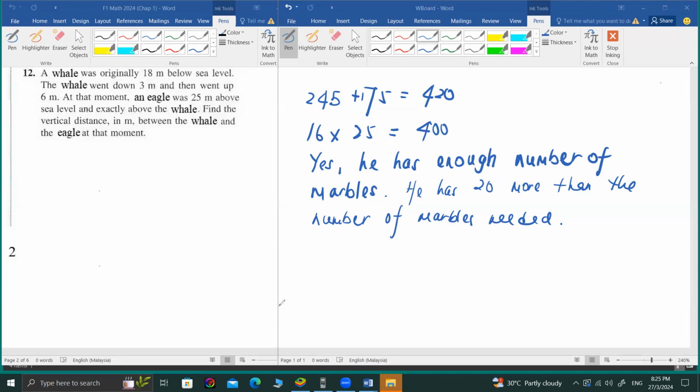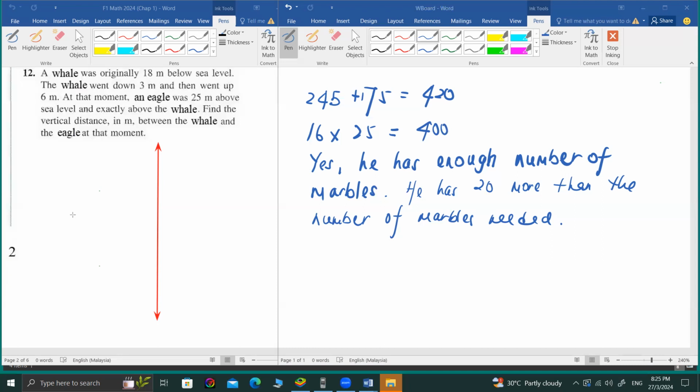Okay, listen to me, number 12. Christian, Evan, is it okay? Can you understand? Listen to my explanation. I want you to try number 12. A whale was originally 18 meters below sea level.